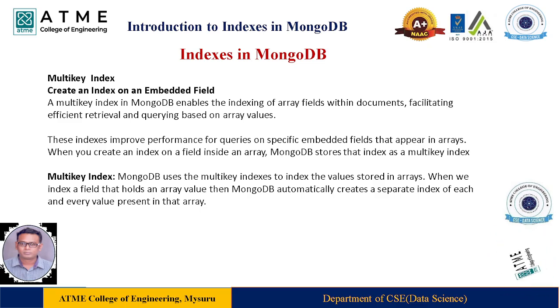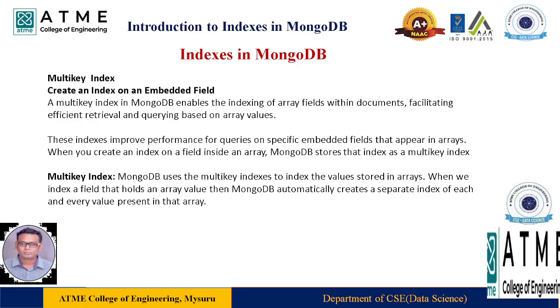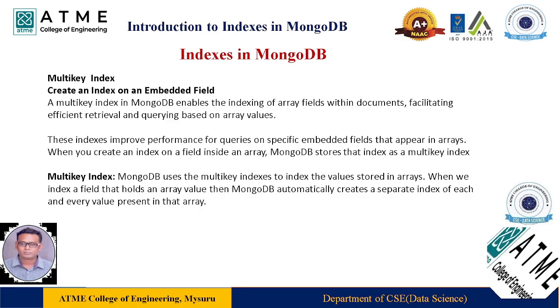When you create an index on a field inside an array, MongoDB stores the index as a multi-key index. So MongoDB uses multi-key indexes to index values stored in arrays. When we index a field that holds an array value, MongoDB automatically creates a separate index entry for each and every value present in that array.